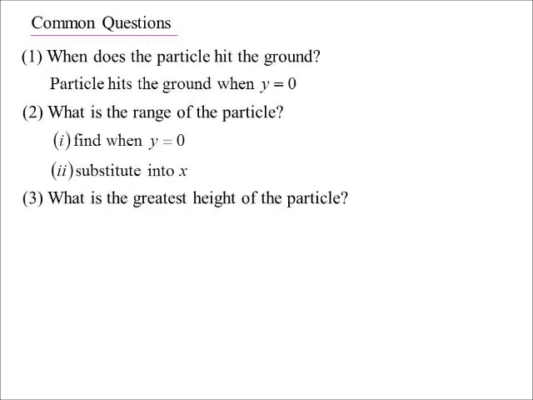What's the greatest height of the particle? So what's happening at the top? What do I know for sure? Well, if something's moving up and then it's moving down, before it moves down, it's got to stop. So at the highest point, that vertical velocity must be 0, because it's going to go up, then it's going to come down.